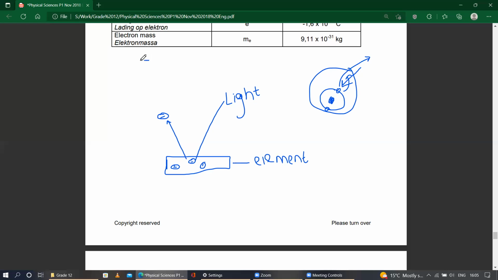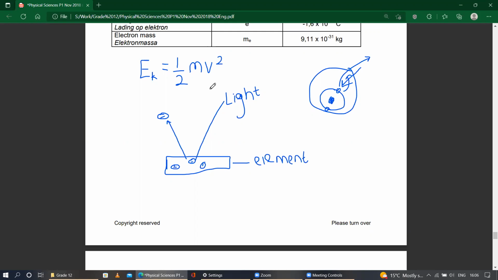So basically, when the electron jumps out, it gained energy from the light. So you need to know how to find the energy. And since it's jumping, we know that it's gonna move. So it's not potential energy, that's kinetic energy. And we know the equation for kinetic energy is 1/2 the mass times the squared velocity.